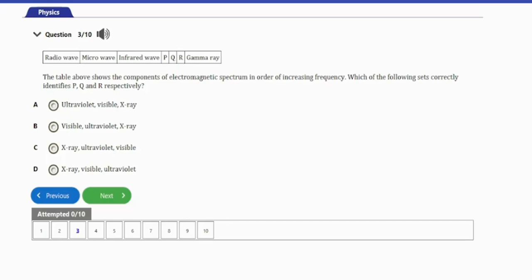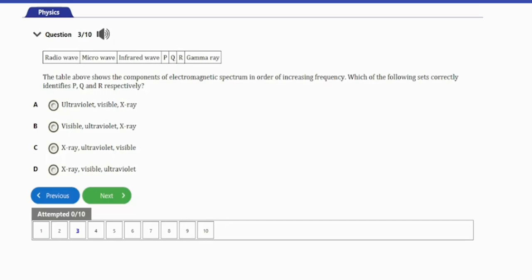So if we come down this way, R will be X-ray, Q will be ultraviolet ray, and P will be visible light. That corresponds to option B, visible, ultraviolet, and X-ray. So option B is the correct answer.